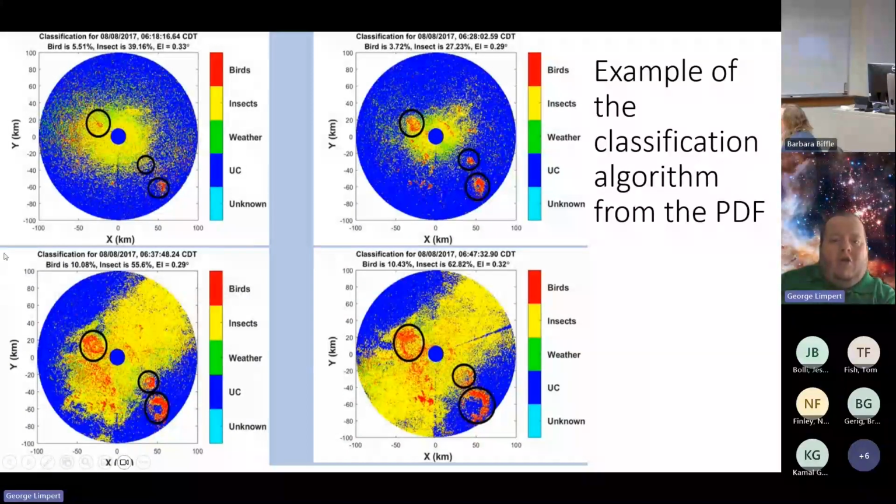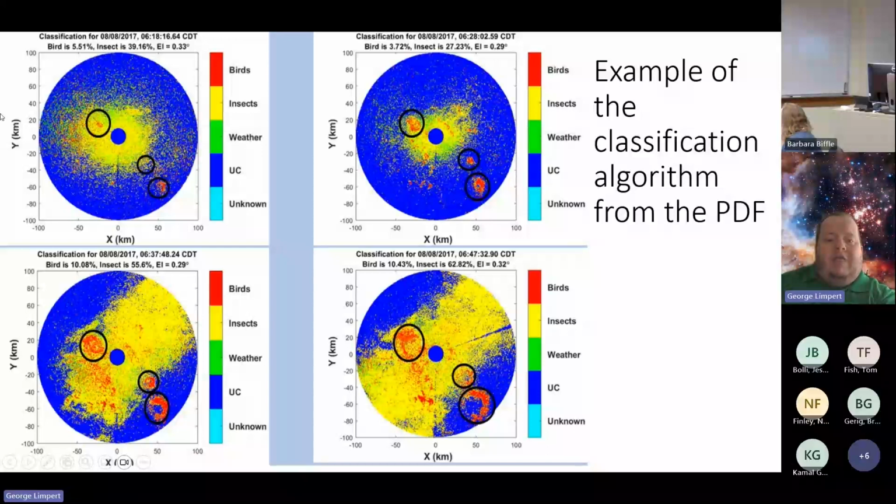The things in green are perhaps light rain or something like that. The areas in yellow are insects, and you see a lot of insects around these different radars. And the areas in red are identified as birds.